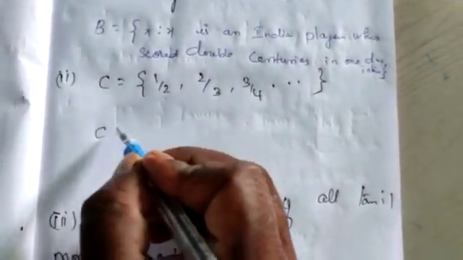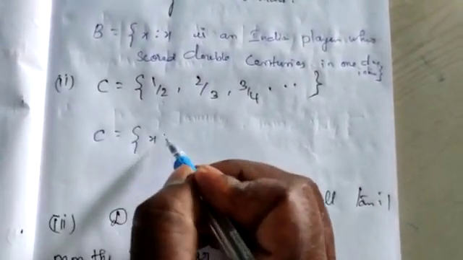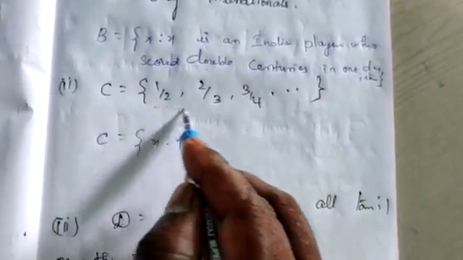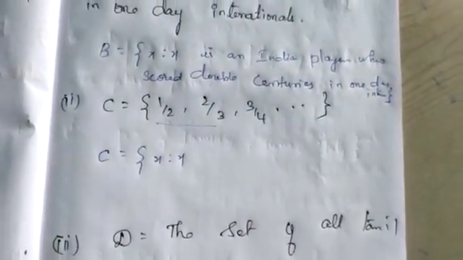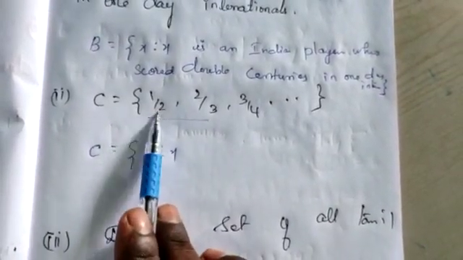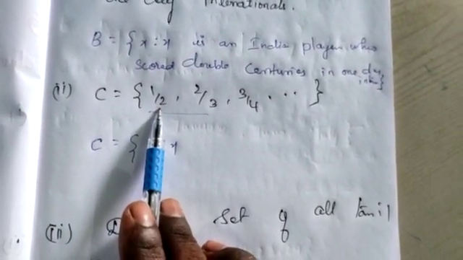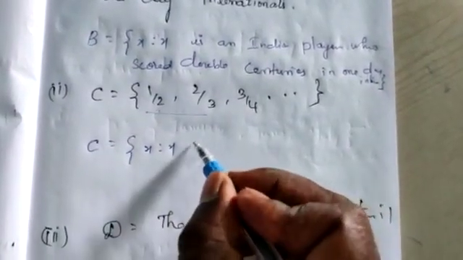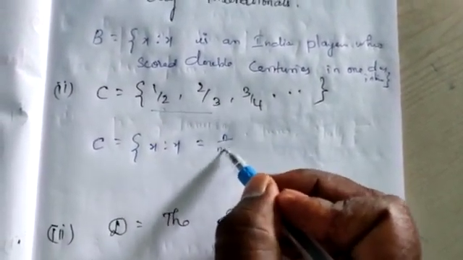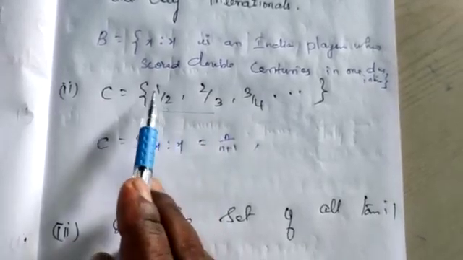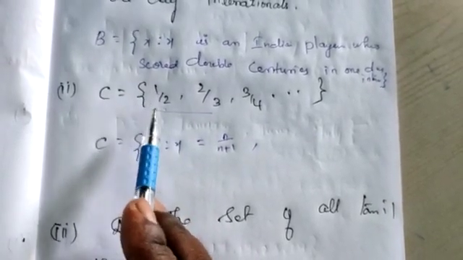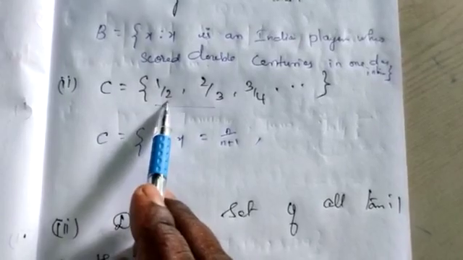See the second one, C is equal to x such that x, see this numerical progression, this sequence. If we take n equal to 1, then n plus 1 is 1 plus 1, 2.